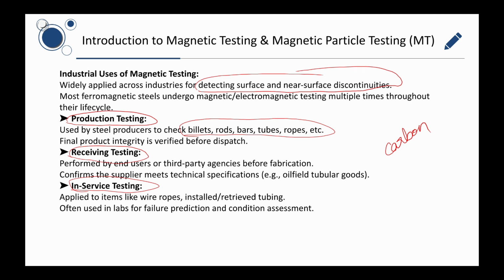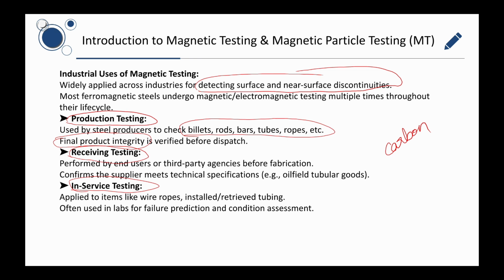It identifies the cracks, seams, laps and any other discontinuities in raw or semi-finished products. It ensures the final product integrity before dispatch. For example, a steel producer uses magnetic particle testing on oil-filled tubular goods to make sure there are no surface defects before shipping.